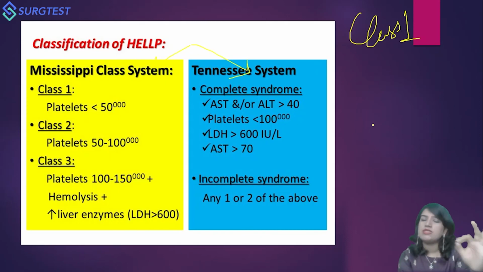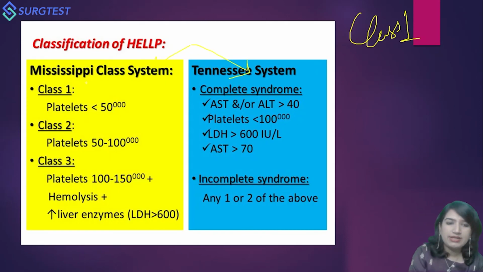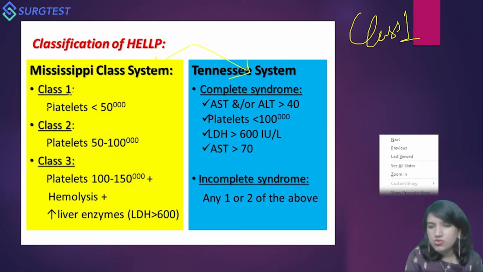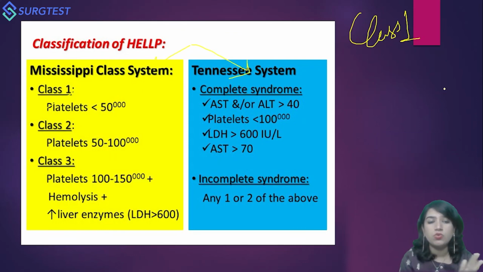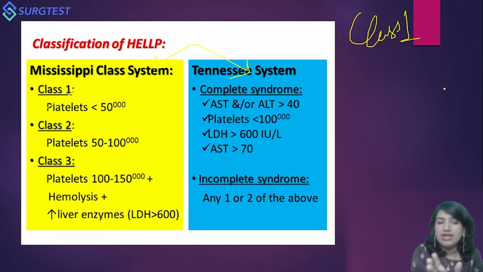So class 1 Mississippi is the most severe, where the platelet count is less than 50,000. Class 2 Mississippi, platelet count is between 50,000 to 1 lakh, and class 3 Mississippi, platelet count between 1 lakh to 1.5 lakh. So which is the most dangerous? Class 1 Mississippi HELLP. Agreed? So this is based on the severity on diagnosing the platelet count. And what about the Tennessee system?